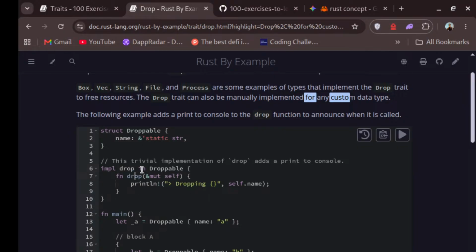Sorry, I think I made a mistake. Drop is for the loop, right? It is using a loop.